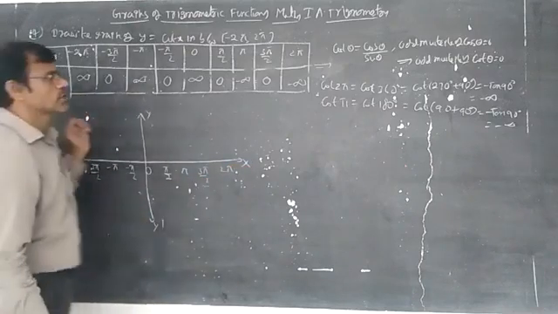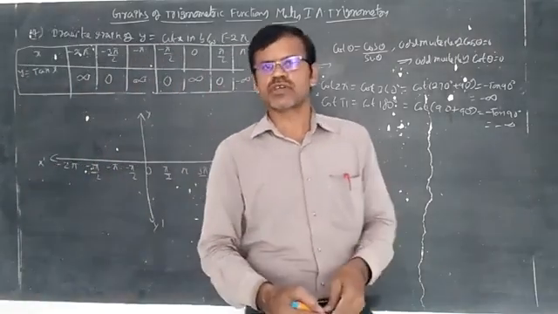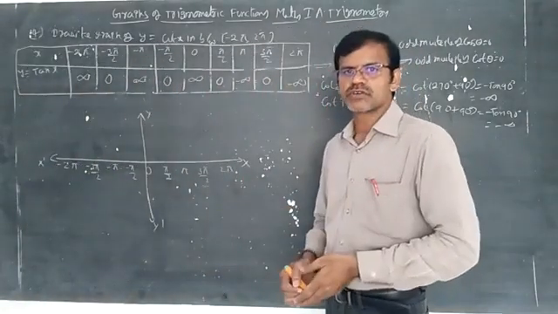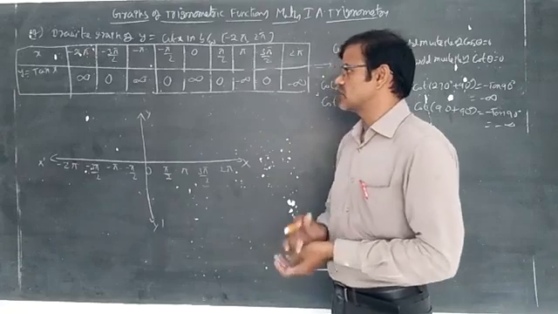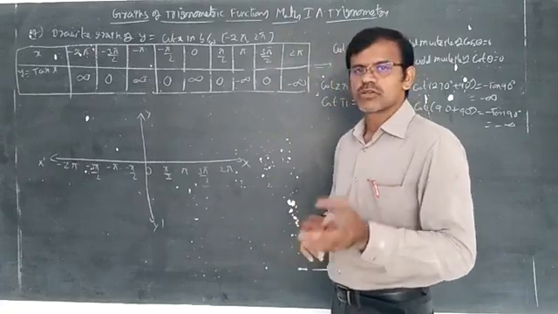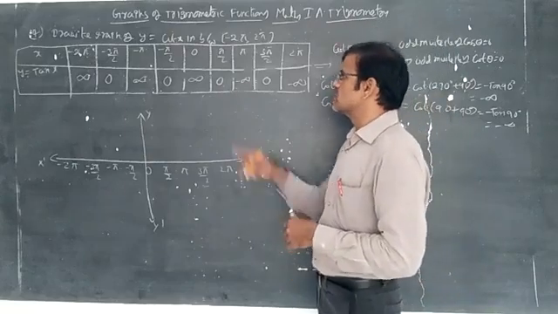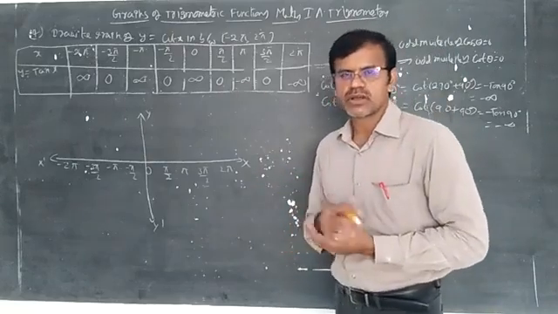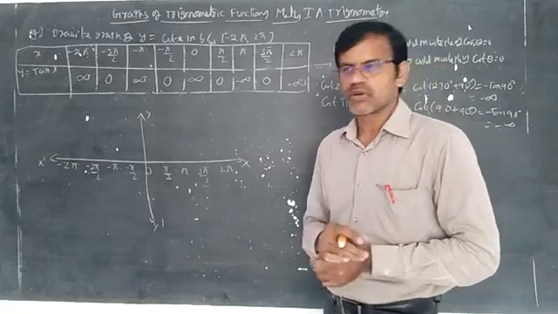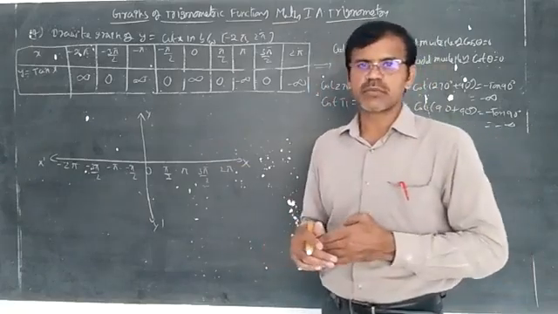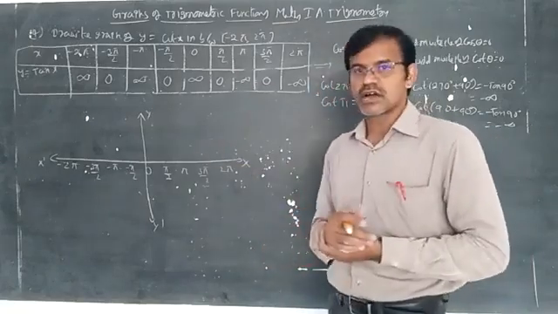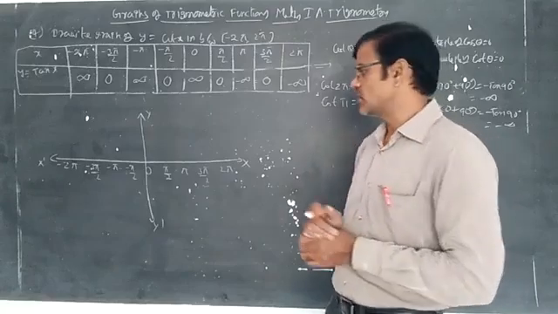You can understand now the range of cot x is minus infinity to plus infinity, real numbers. We are going to discuss the domain and range in the next class. So simply, the range of sin x is minus 1 comma 1, range of cos x is minus 1 comma 1, range of tan x is minus infinity comma infinity, and range of cot x is also minus infinity comma infinity.